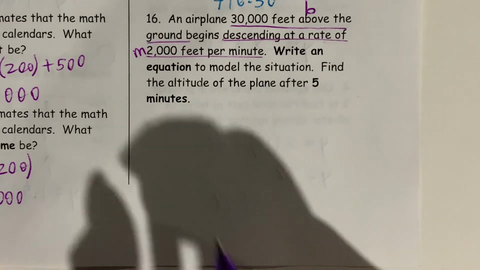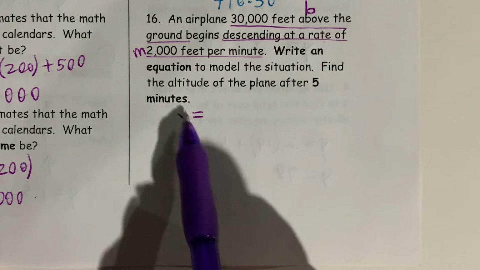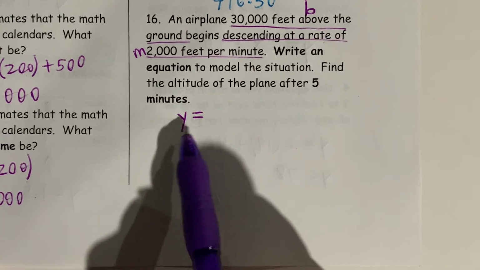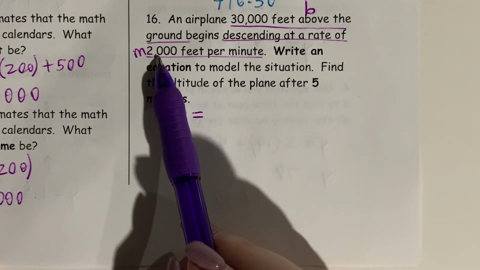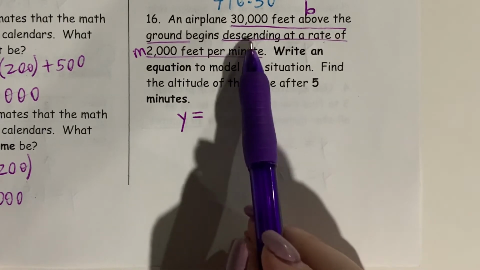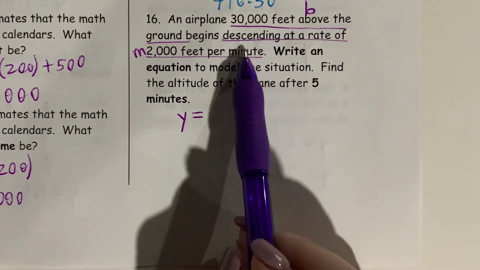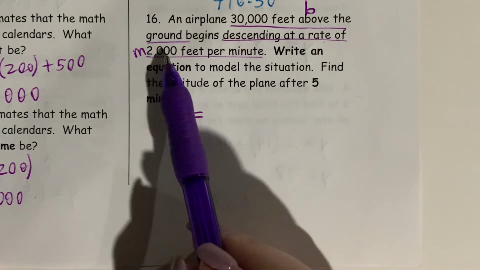So first let's write an equation. So I'll have y equals, y is representing my total altitude, so my altitude equals, and my rate of change is, be careful, it's not going to be 2,000 feet per minute. We're descending at a rate. Descending means going down. So we're going down 2,000.